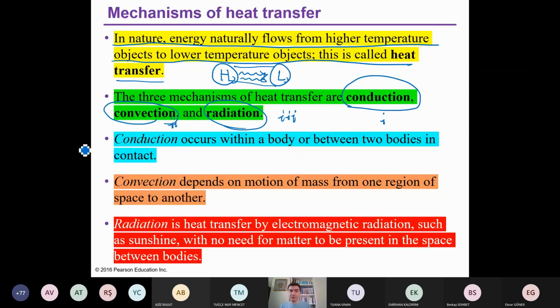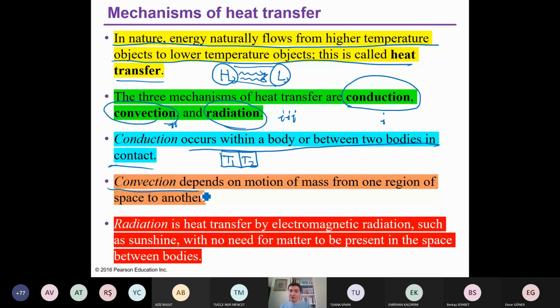Conduction occurs within a body or between 2 bodies in contact. Here you have a body with a certain temperature T1, and here you have another body with temperature T2. If they have different temperatures, there will be heat transfer in between, from high temperature to low temperature. And what is convection?